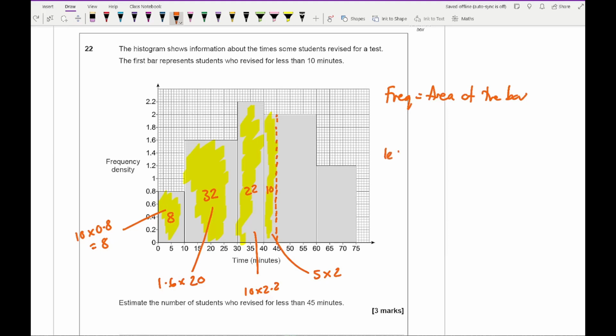So less than 45 is going to equal 8 plus 32 plus 22 plus 10. And adding all those numbers up, I should end up with an answer of 72.